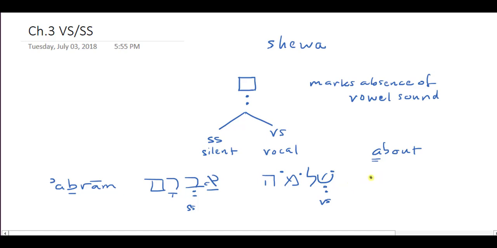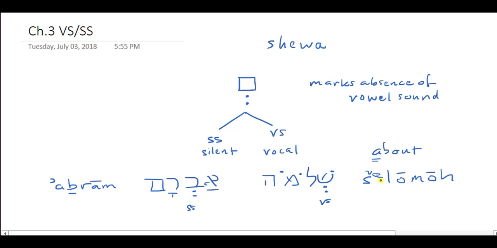And this is going to be transliterated this way. Shlomo. Okay? So the superscripted e, smaller and written above, is often the way you'll transliterate a vocal sheva.